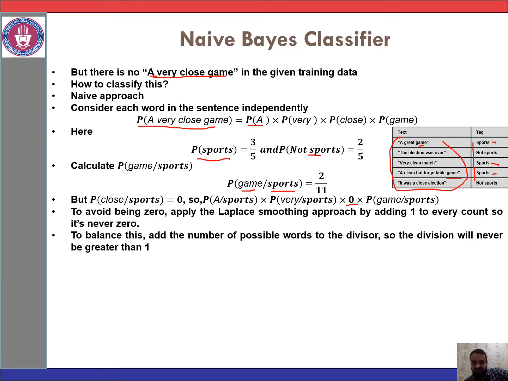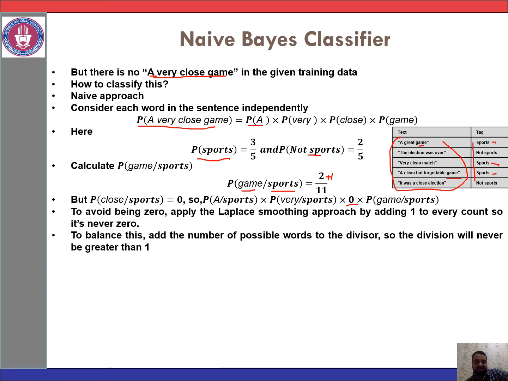So how to solve this problem? People use the Laplace smoothing approach. How do they do this? They add 1 to each and every word, so that it never goes to zero. Now if we add 1 to each and every word, there is a possibility that the probability may go more than 1.